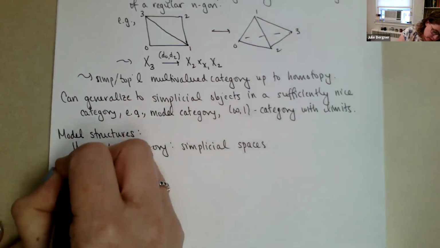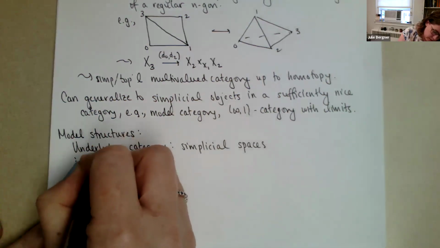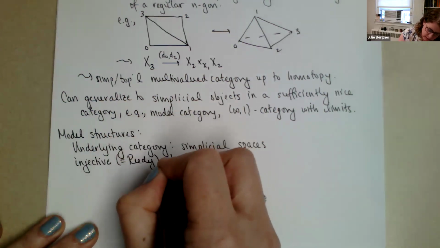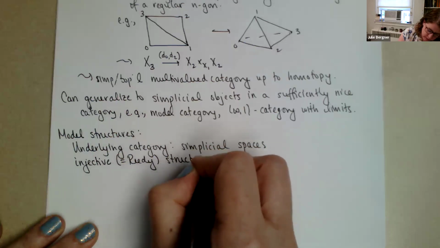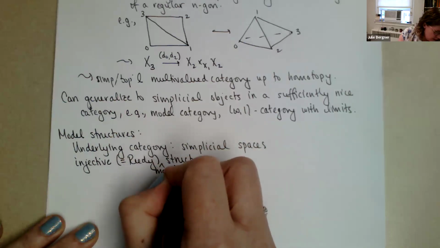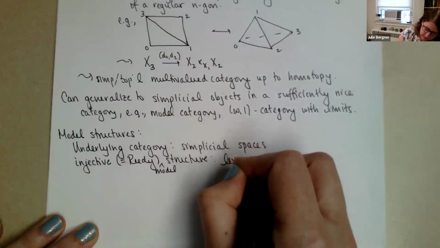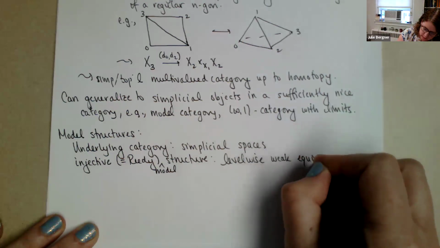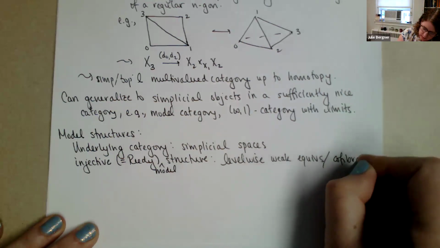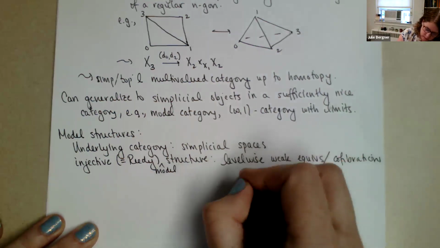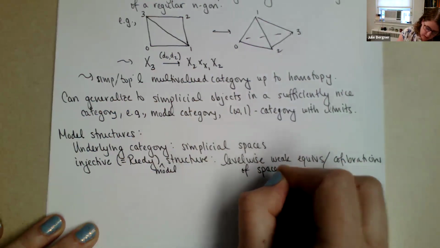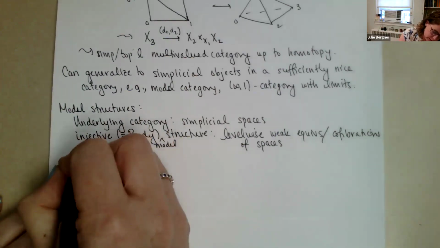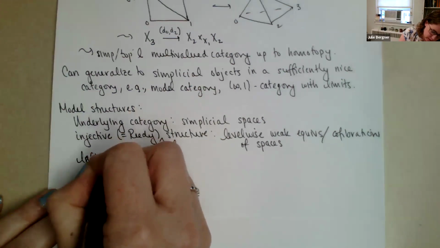And then there's the injective, which is the same as the Reedy, if you know what that is, model structure. And this is where you take just level-wise weak equivalences and cofibrations of spaces. And then we can get model structures for 1 and 2 Segal spaces via left Bousfield localization.